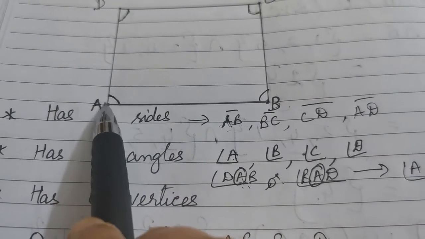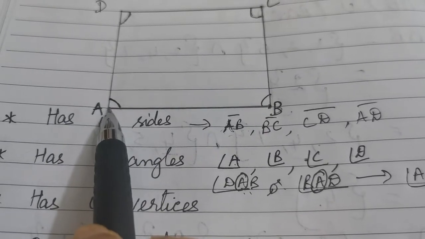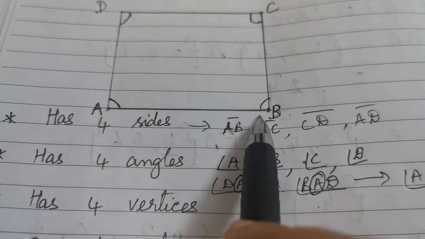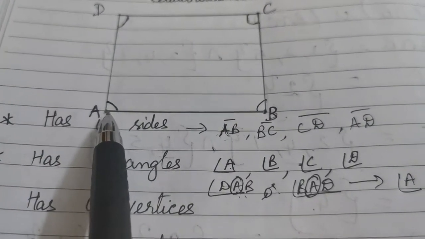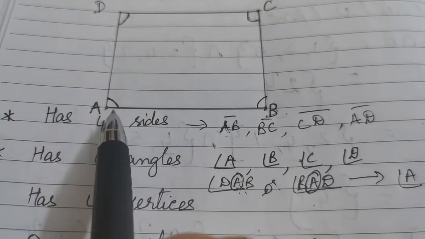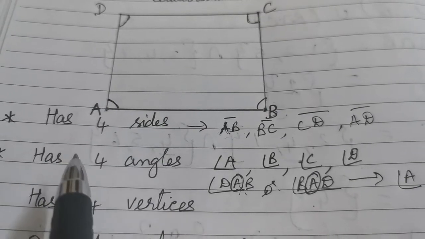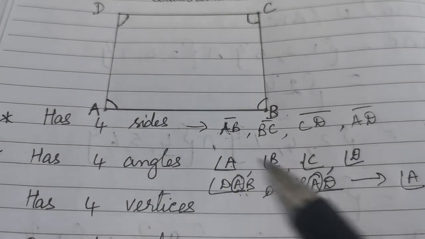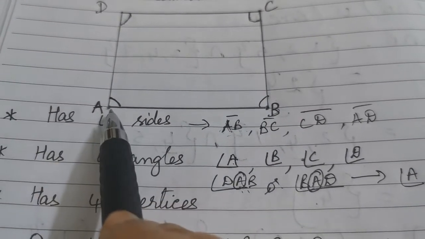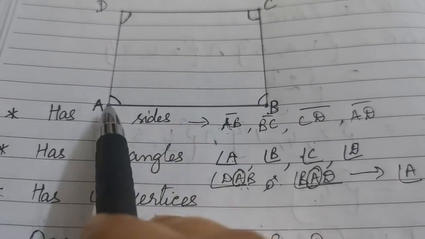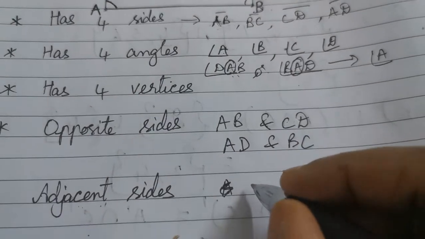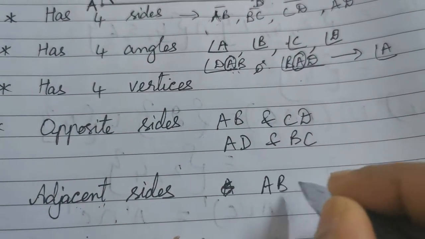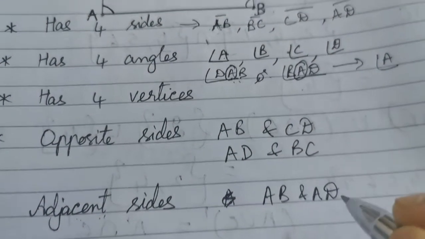So, if you look here, the vertex A has the sides AB and AD near it. So, the sides which have a vertex in common are called adjacent sides. So, at the vertex A, AB and AD are adjacent sides.